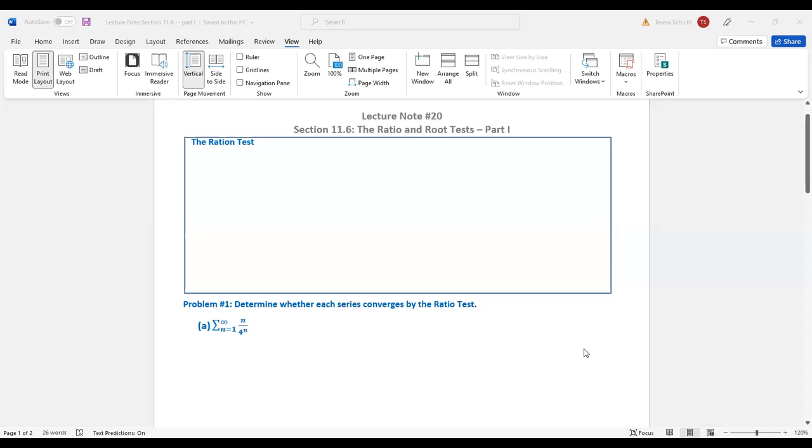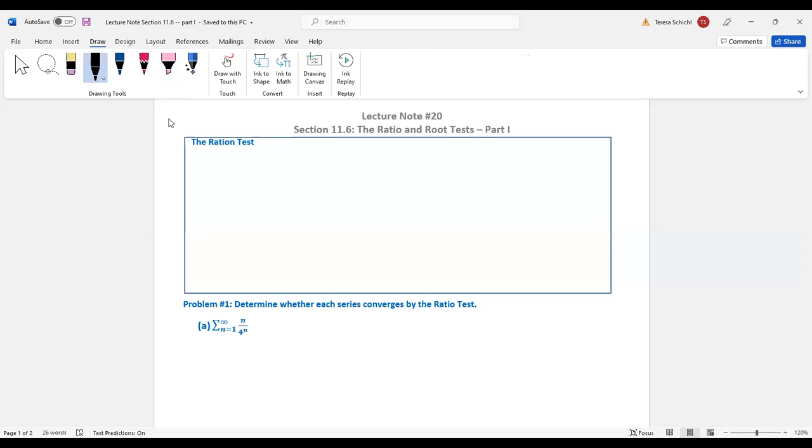All right, so now let's go to our lecture notes. So what is the ratio test? For a series, the summation of a_n, n from 1 to infinity, the ratio test has 3 criteria.